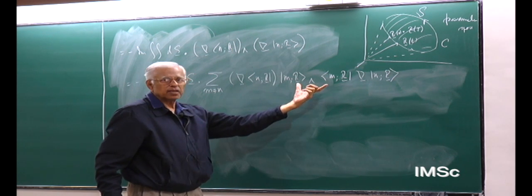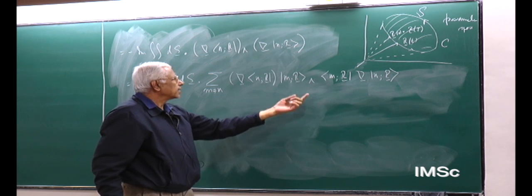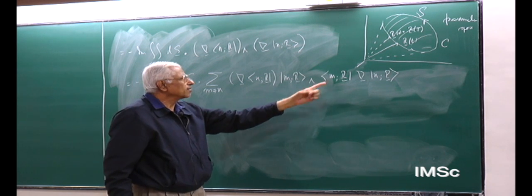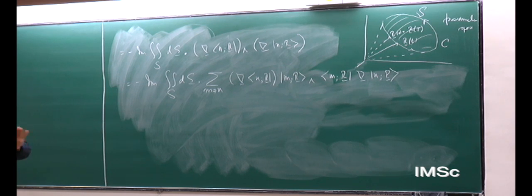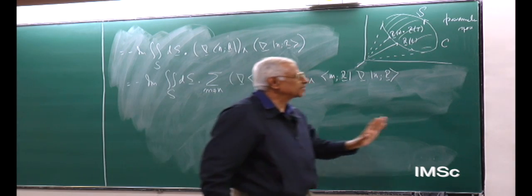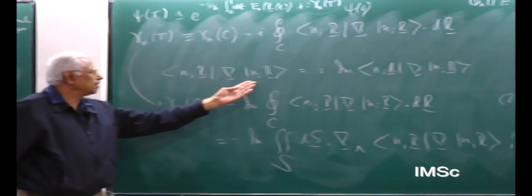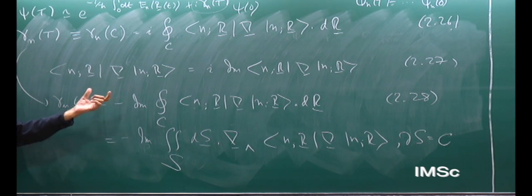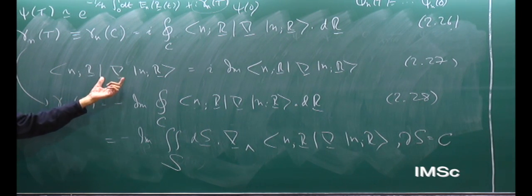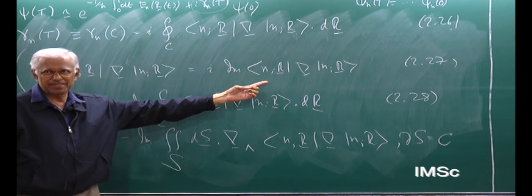I have a sum over m. But the term m equal to n will not contribute. The reason is very, very elementary and simple. See, when m equal to n, in your language, the expectation value of the grad operator is known to be pure imaginary.